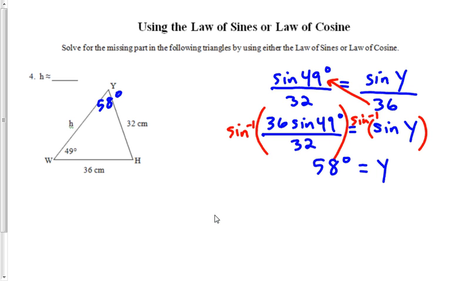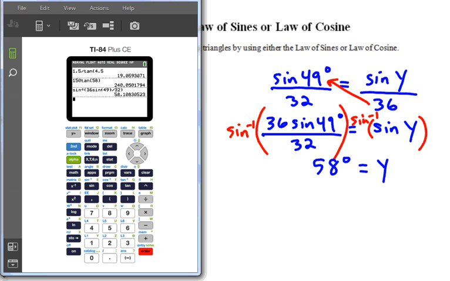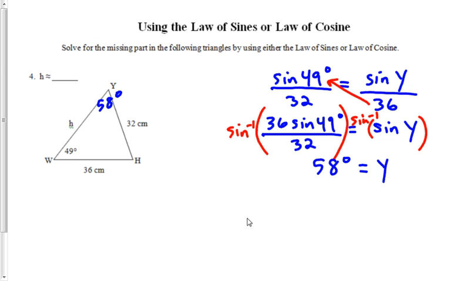So then 58 plus 49 subtracted from 180. So 180 minus 58 minus 49 equals 73 degrees is angle H. So 73 degrees there. Now I can use the law of sines a second time to find side H.